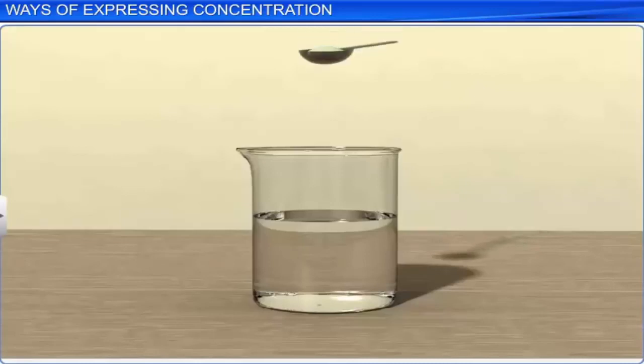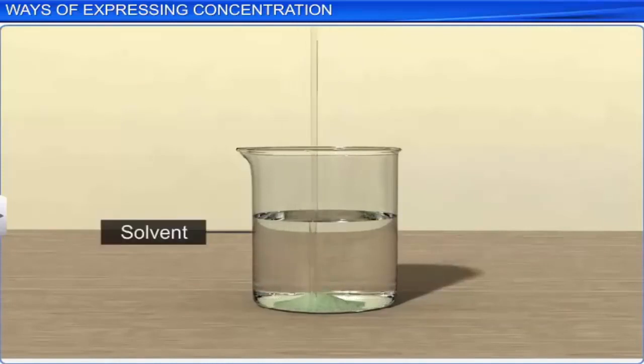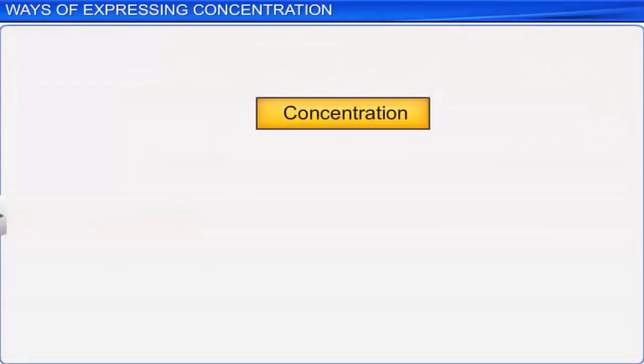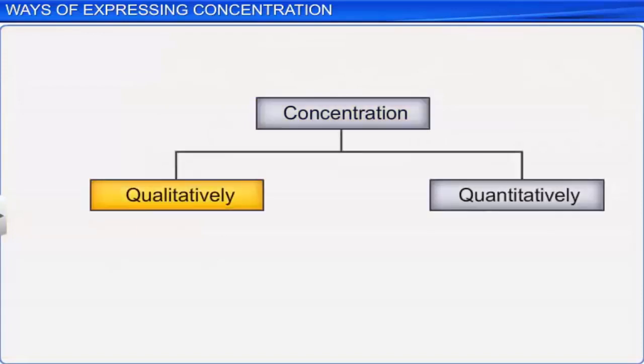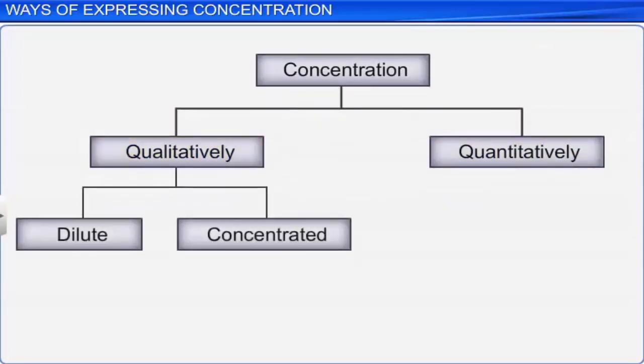The concentration of a solution is defined as the amount of solute present in a known amount of solvent or solution. Concentration can be expressed qualitatively as well as quantitatively. Qualitatively, we describe a solution as either dilute or concentrated.